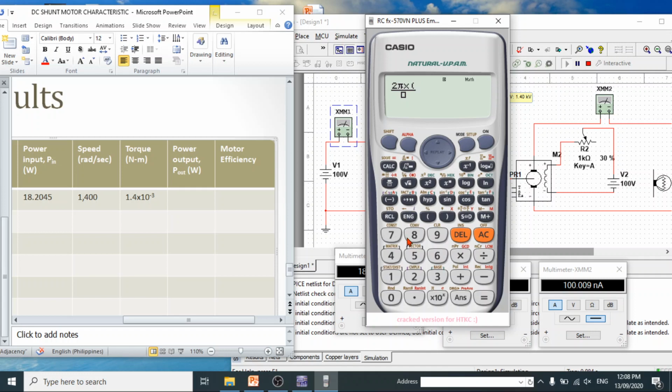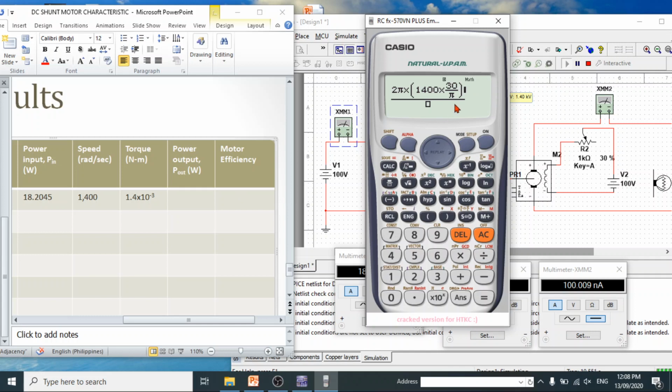To convert radian per second into RPM, we need to multiply it with 30 over pi, then multiply with the torque.